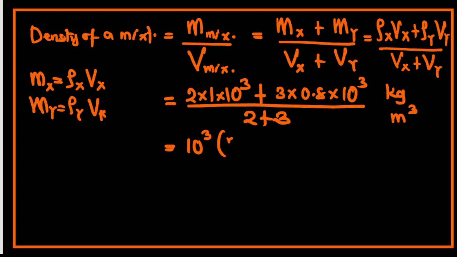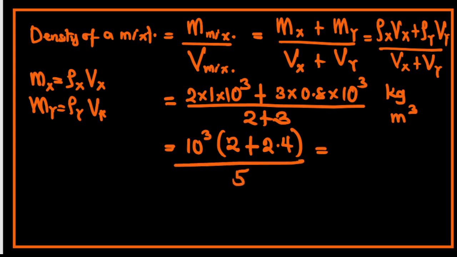So you now have 2 plus 3 times 0.8, which is 2.4, because 3 times 8 is 24. Then divided by 5. So this is like saying 1000 times 4.4 over 5.